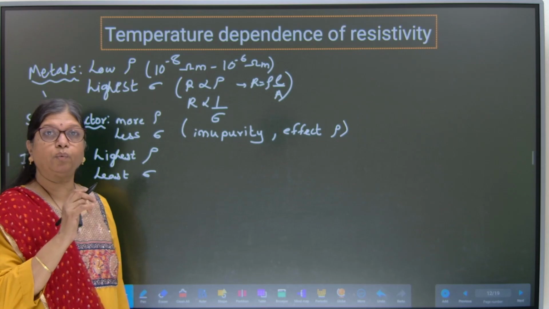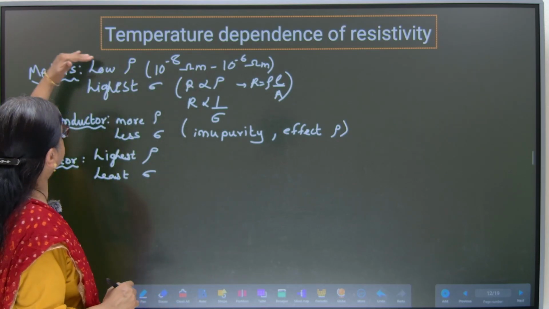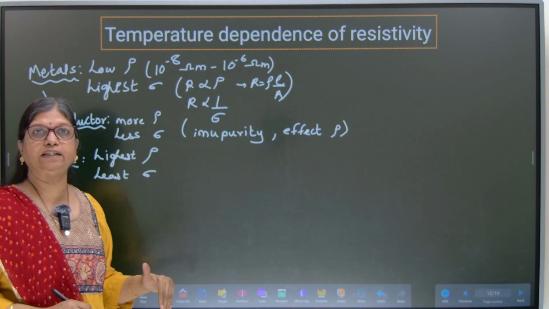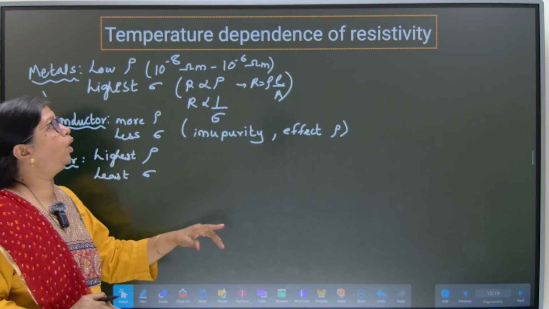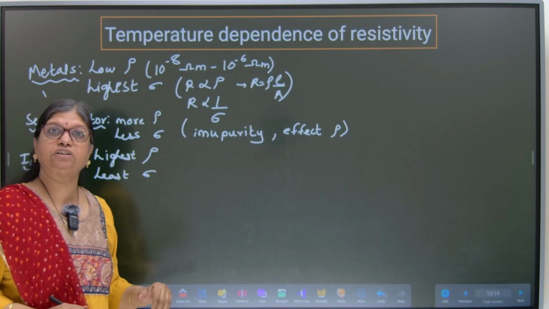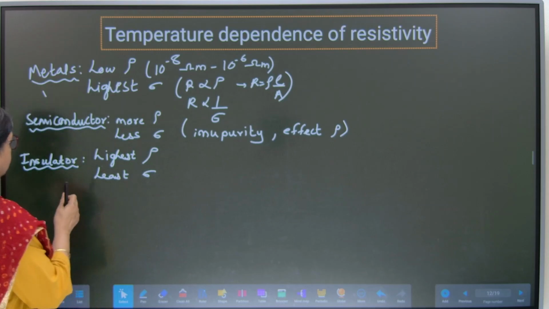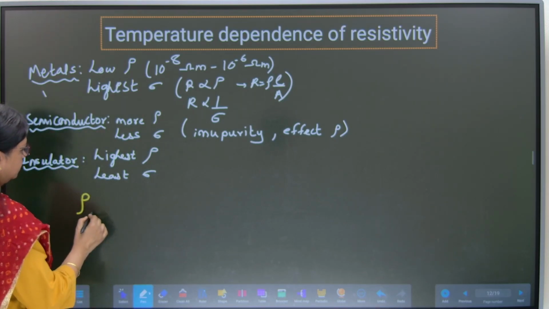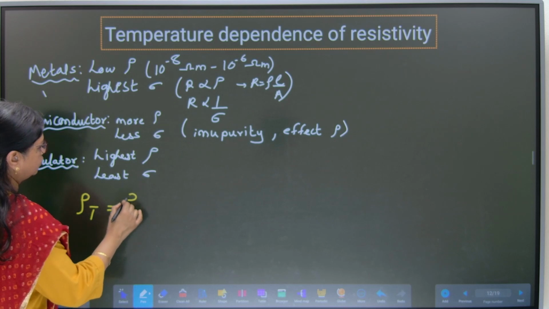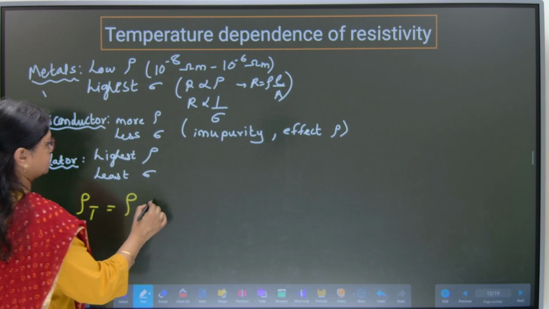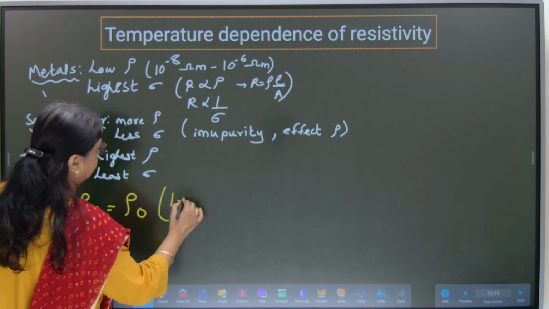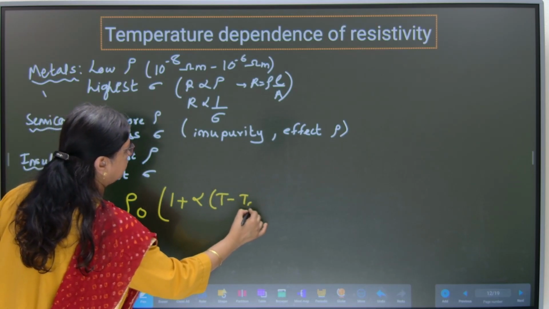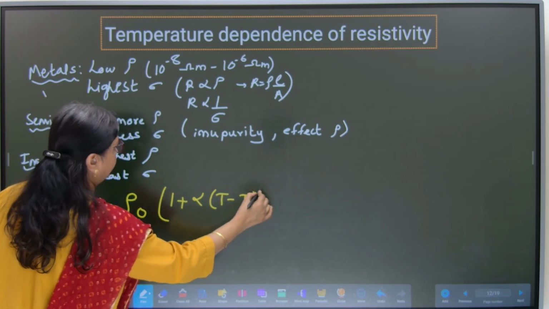Fine. Now resistivity of all these materials, whether metals or semiconductors or insulators, depend on the temperature given by the formula rho T is equal to rho naught into 1 plus alpha into T minus T naught. Fine.